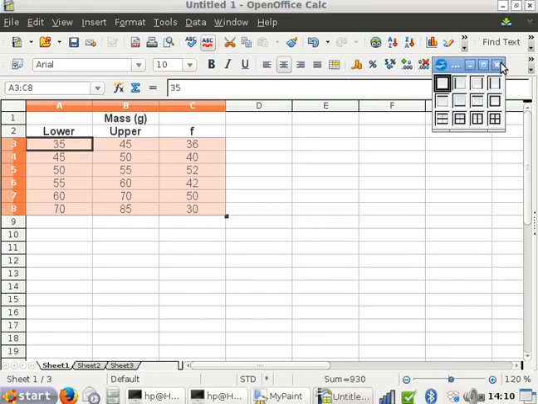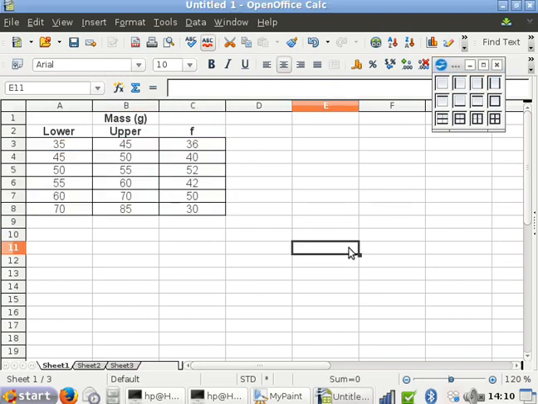Okay. So that's what I have so far. Is that okay? I'm just putting this table on the screen as well. Lower, upper, and frequency. So the first thing I want you to calculate is the mean.